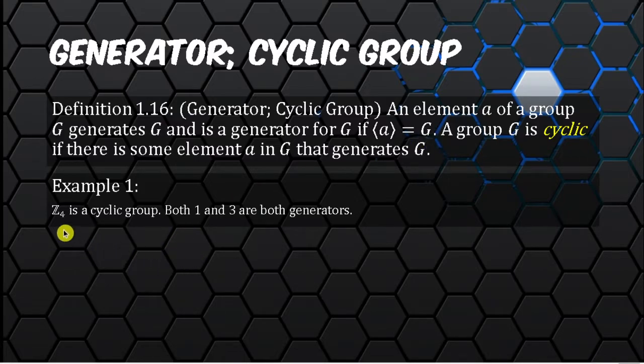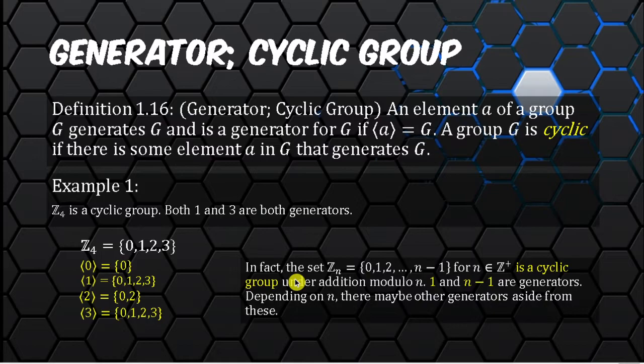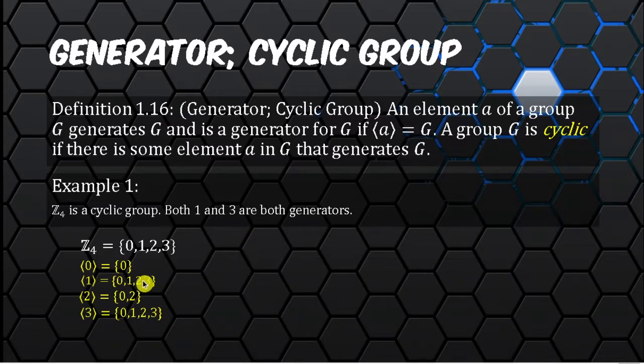This is an example. The example a while back is a cyclic group under addition modulo 4, this set here. Because if we recall our example, of all the subgroups generated, there are actually 2 elements, 1 and 3, that generated the entire group.